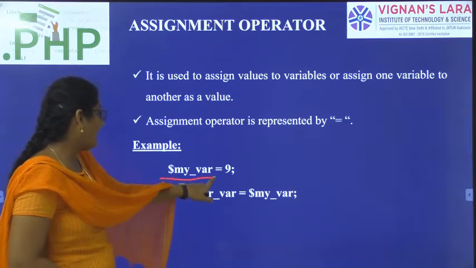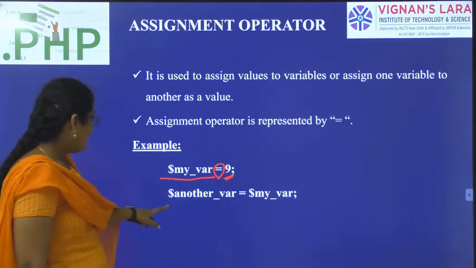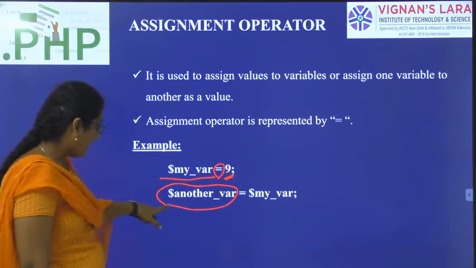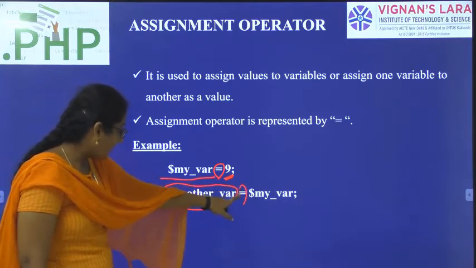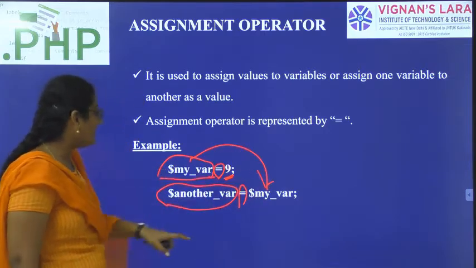First I created a variable named myVar and using the assignment operator I gave it the value 9. Then I created another variable and, using the assignment operator, I gave it one more variable as the value. Simple.